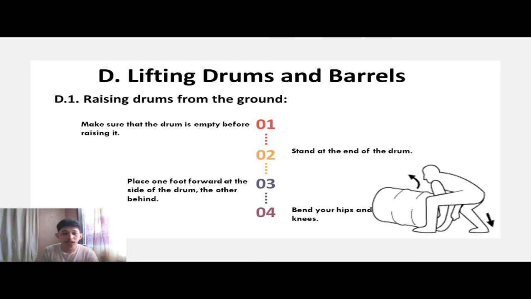It is similar to the previously discussed lifting and stacking positions. So to prepare yourself in grasping the rim of the drum, you have to bend your hips and knees. So that is the fourth step in lifting or raising the drum from the ground.